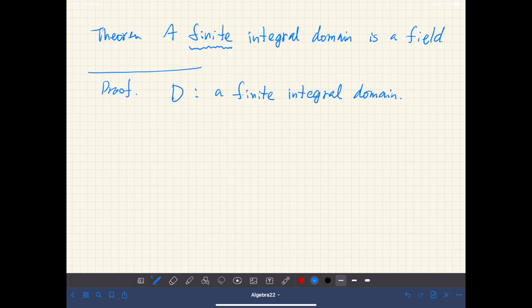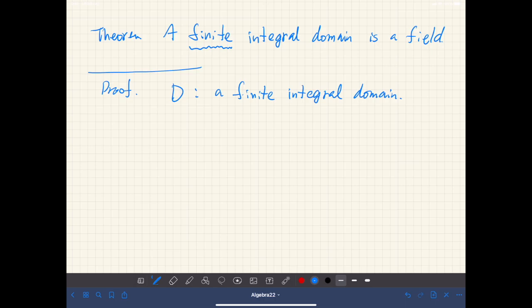So it's an integral domain, so it is a commutative ring with an identity element, with no proper divisors of 0. So what we need to show is that it is a multiplicative abelian group. But abelian is okay because it is commutative.